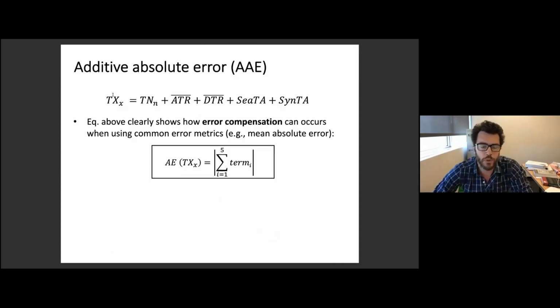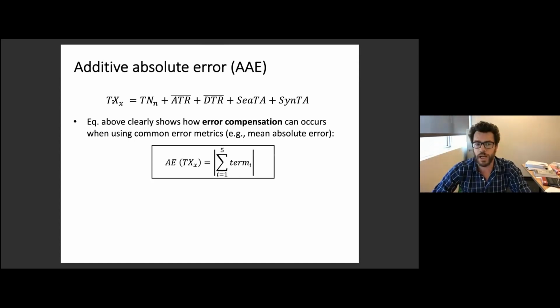For example, if you evaluate the bias, or the absolute value of the bias, which is defined simply as the absolute value of the sum of all these terms in a given grid point, you can obtain a relatively low bias by having large positive errors and large negative errors in different individual terms.